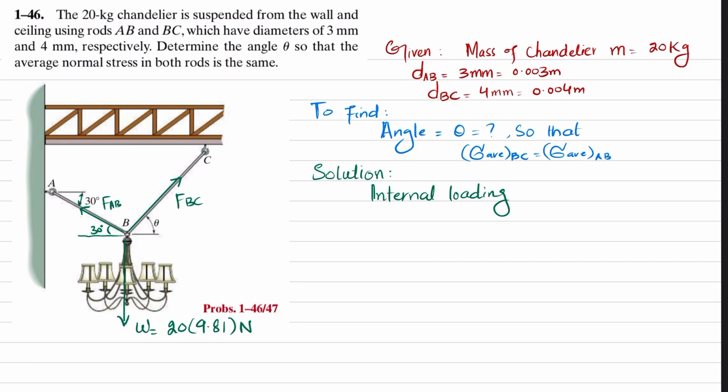Let's apply the equilibrium equations. The first equilibrium condition is that the sum of all forces along the x direction must be equal to 0, and force taken in this direction is positive.